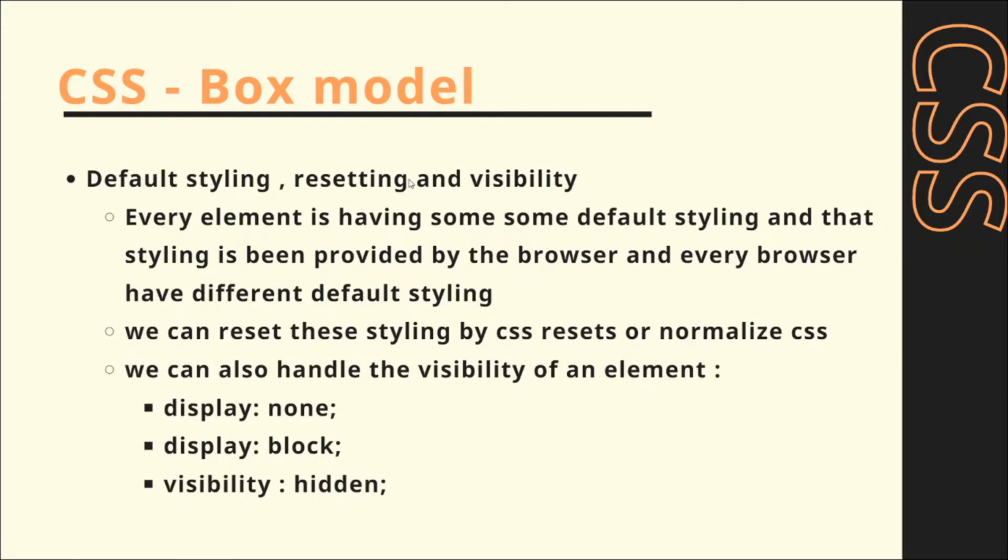We can handle the visibility of the element also. For visibility, we use the display property. We can add display none or display block. Display none will hide the element and display block will show the element. Visibility hidden will keep the element in the DOM, but it will not show it to the user.